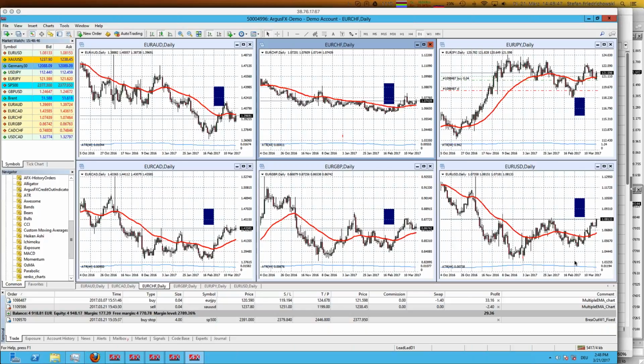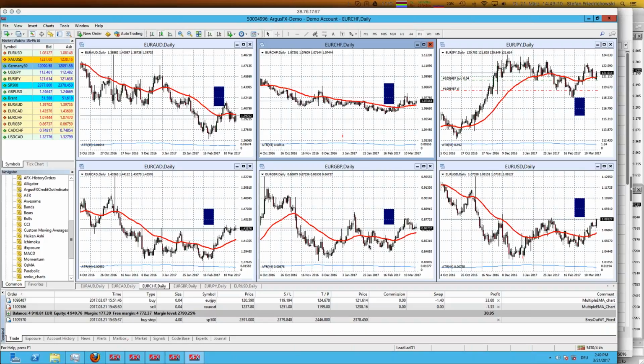So now the question is, which one has the highest slope? Which one is the leading? Candidates would be Euro Canadian dollar, a little bit Euro British pound, and Euro US dollar. Now it's up to us to decide for one.